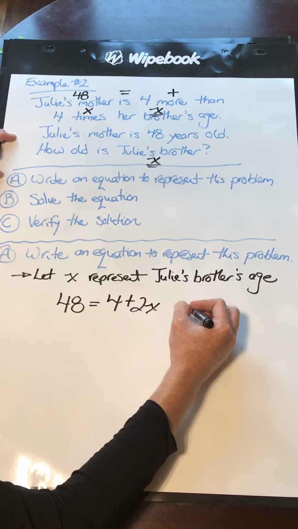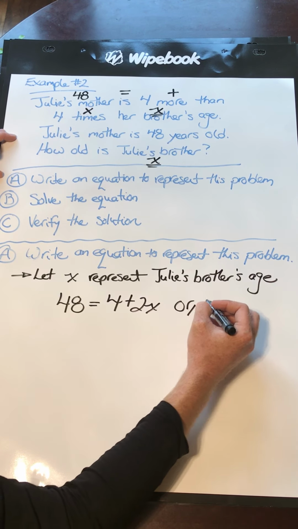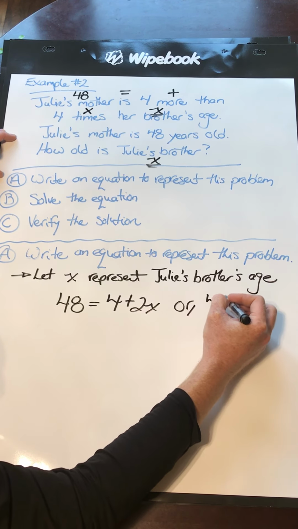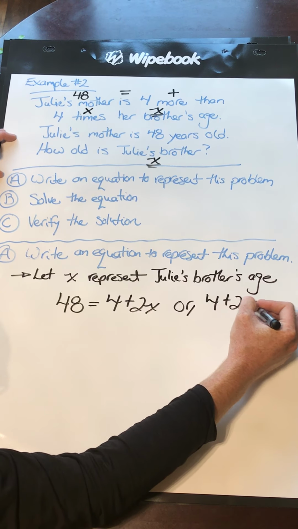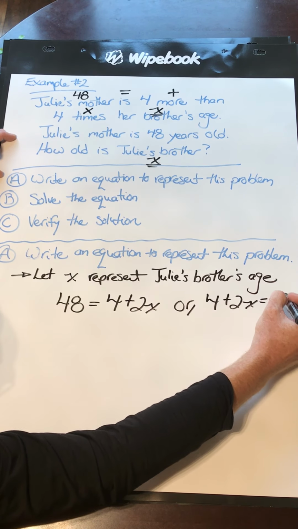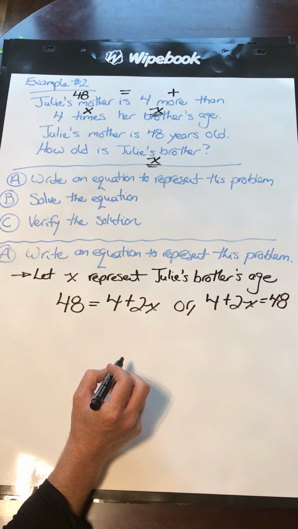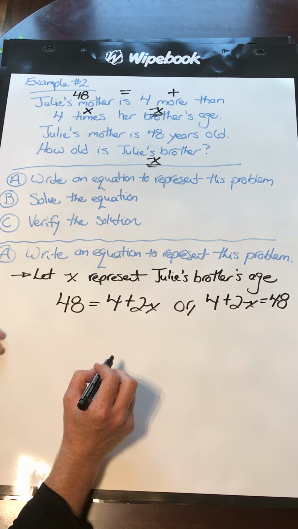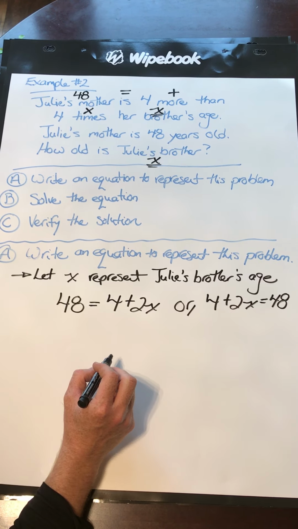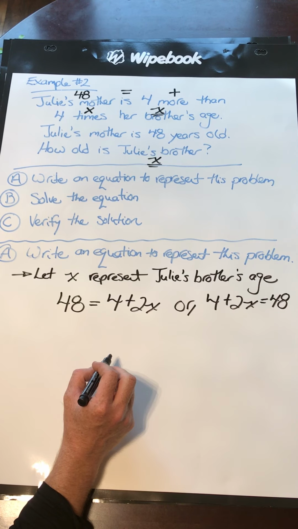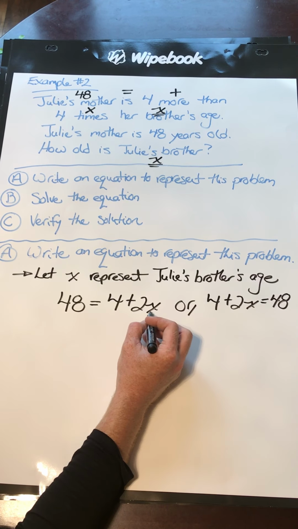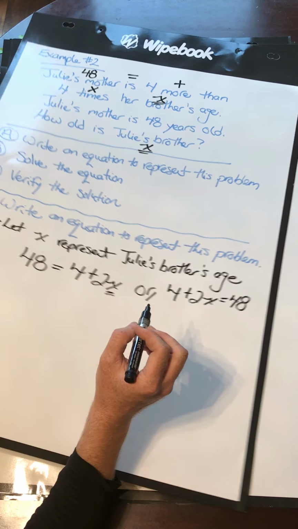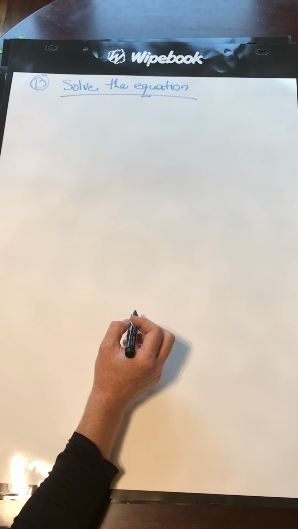Okay, or you could have written it as, if you did it a different way, that's fine. 4 plus 4x is equal to 48. Either way is okay. So now we've got an equation to represent this problem, and we're solving for the unknown, which is represented by the variable x here. So we're going to go ahead and solve it.